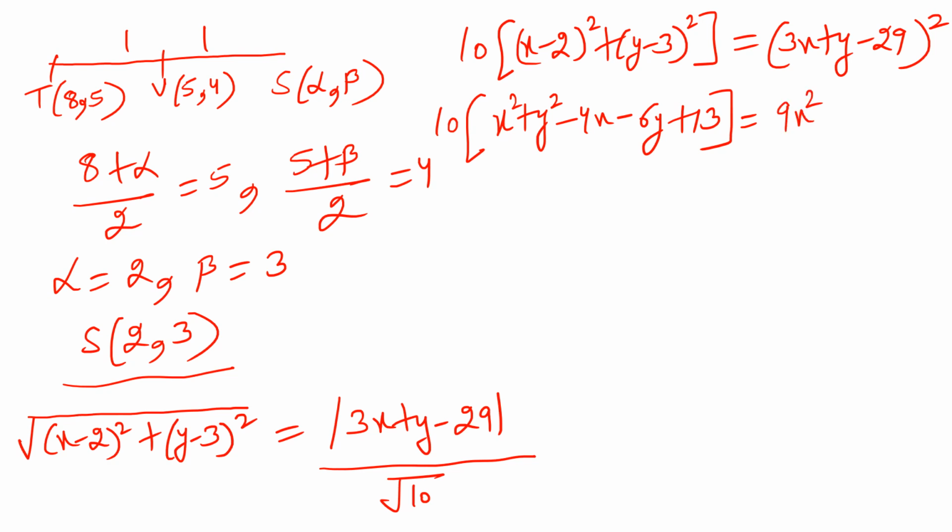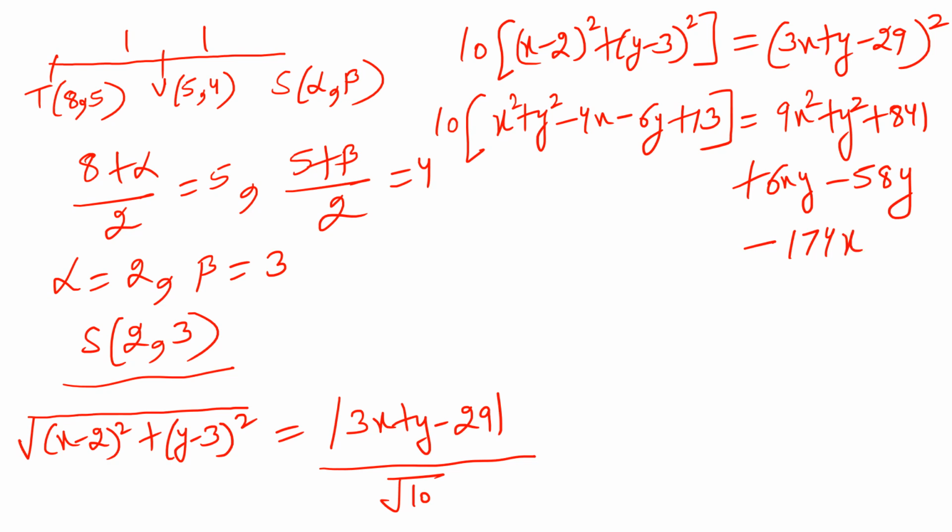So it becomes 9x square plus y square plus 841 plus 6xy minus 58y minus 6 into 29, which is minus 174x. Right? Now take all the terms onto the left hand side.